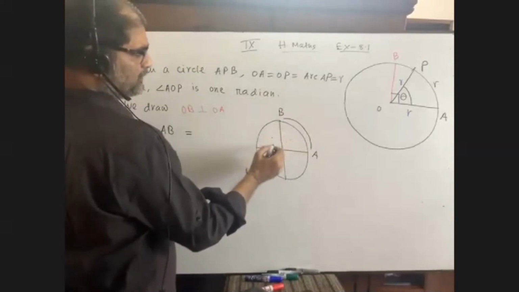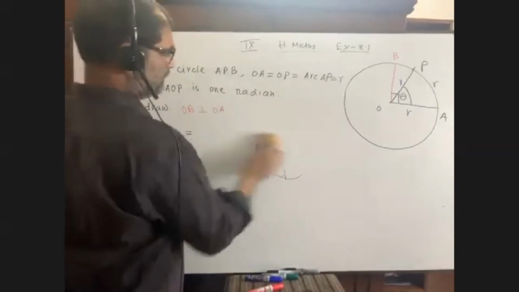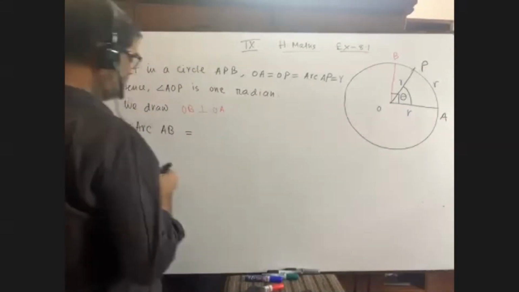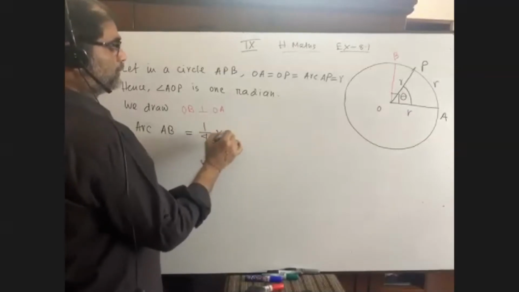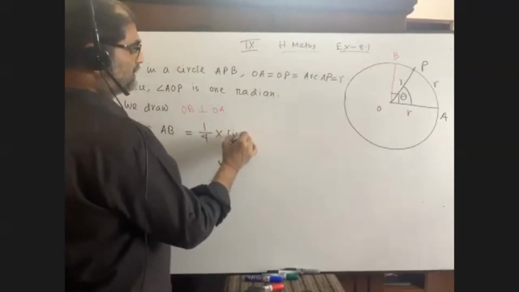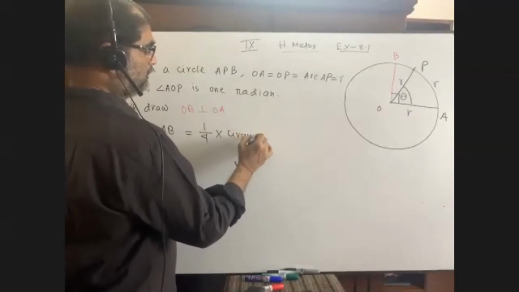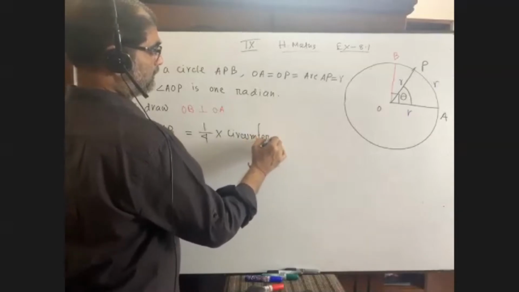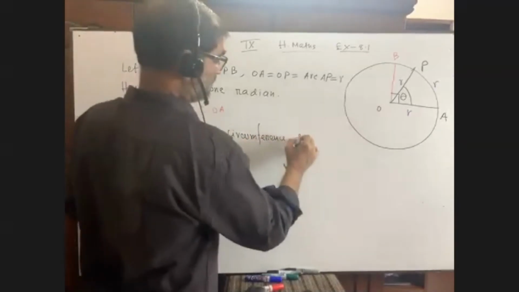First part, second part, third, fourth, they all are equal. So we can write down arc AB is 1/4 into circumference of the circle.